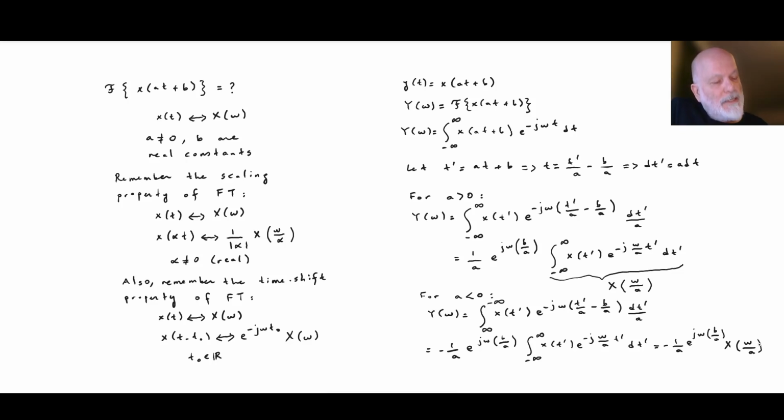Now, these two results can be combined. In other words, this result, which we call 1, and this result, we are going to call 2.